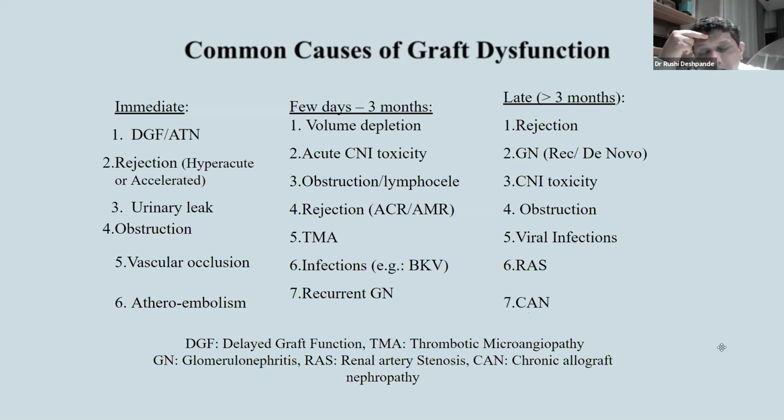You should look for LDH and schistocytes. If they are present, then you need to complete the evaluation and diagnose TMA. Common causes of TMA are either immunological in the form of acute rejection or drugs. Particularly drugs like calcineurin inhibitors are responsible for causing TMA, and in that case you will need to withdraw the calcineurin and use an alternative drug.